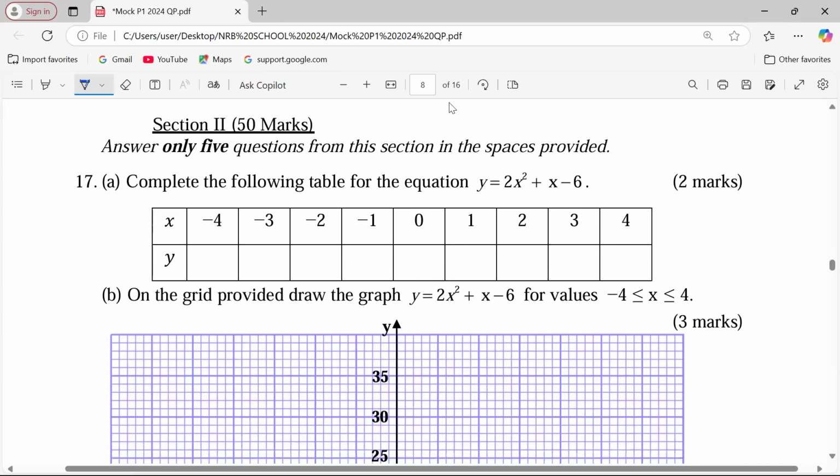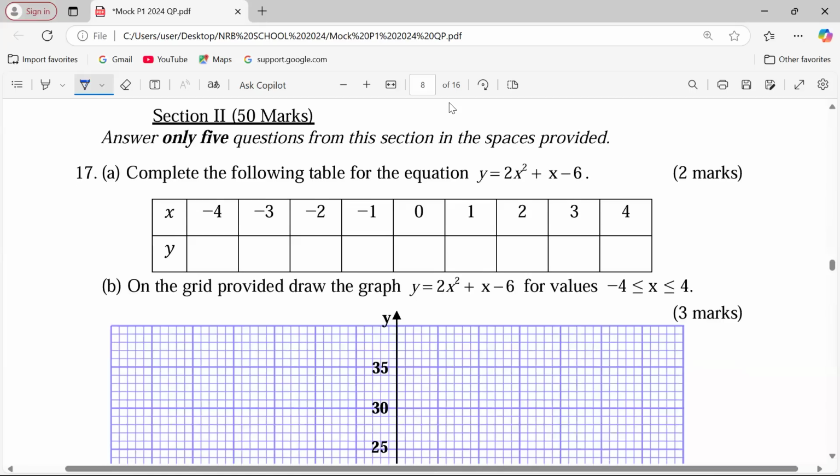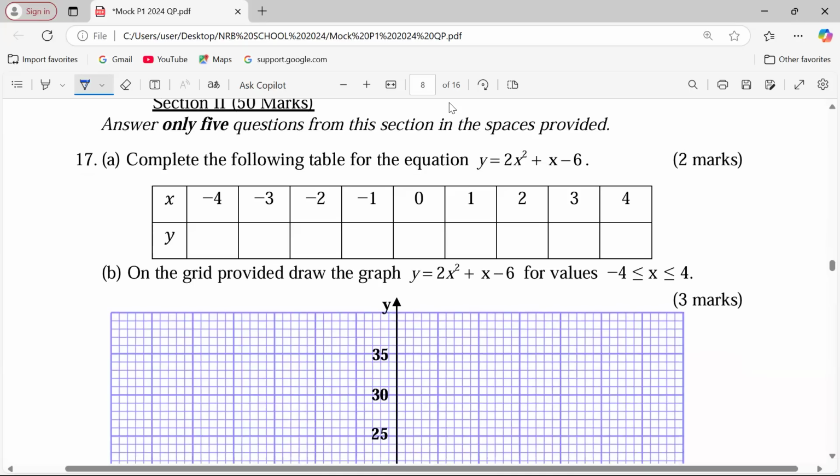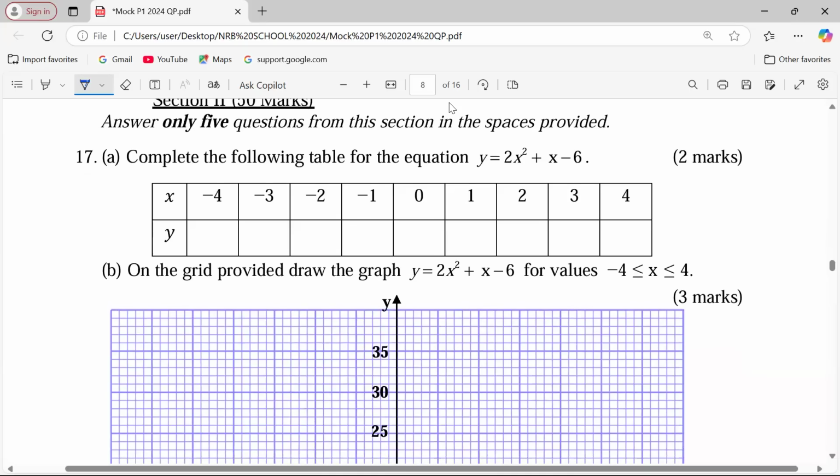Number 17. The question says in part A, we complete the following table for the function y equals 2x squared plus x minus 6. The table runs from -4 all the way to +4. That is the values of x. We're supposed to calculate the corresponding values of y for every value of x.